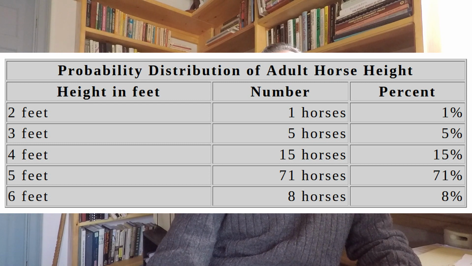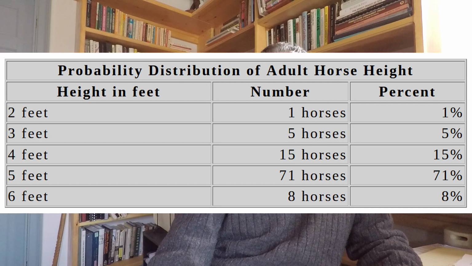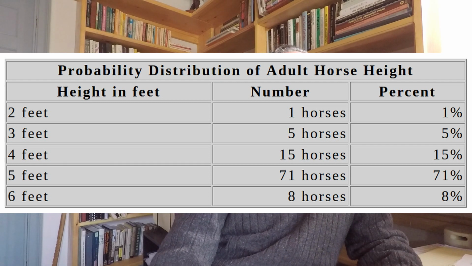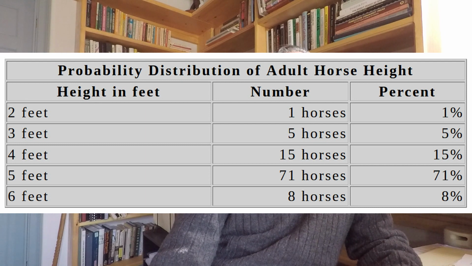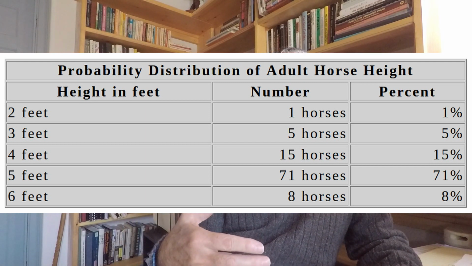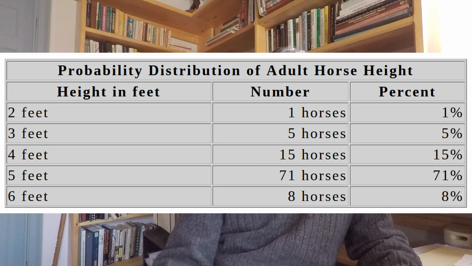If you add up the numbers there, 1, 5, 15, 71, and 8, you're going to come up with 100 horses. So one horse is 2 feet tall, and 5 horses are 3 feet tall, 15 horses are 4 feet tall, 71 horses are 5 feet tall, and 8 horses are 6 feet tall. So our sample size has a horse height distribution between 2 feet and 6 feet.